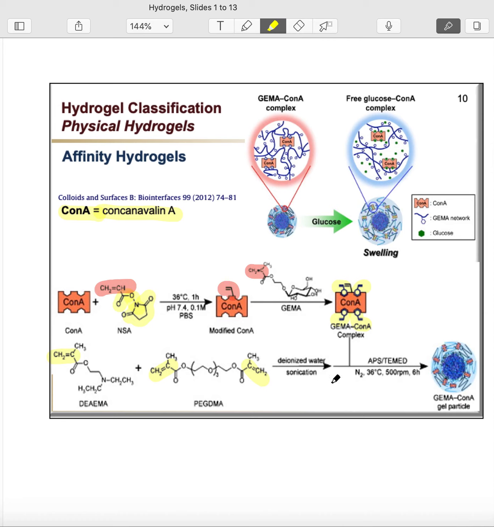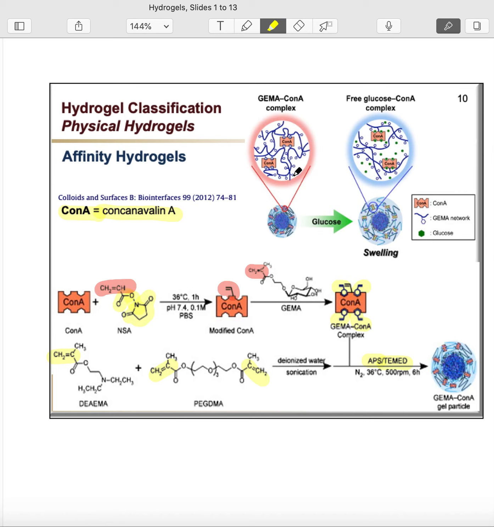When they mixed everything together, they also included ammonium persulfate, which is a free radical initiator, and TEMED, which is an accelerant to enable that polymerization to occur at room temperature. And in this particular case, they did it at 36 degrees Celsius, and that basically generates a polymer network system, which in this case was in the form of particles.